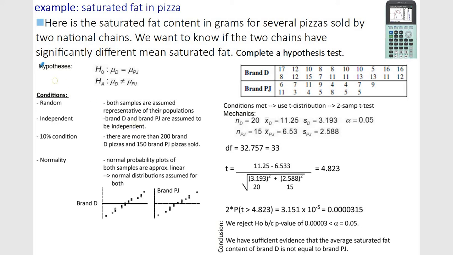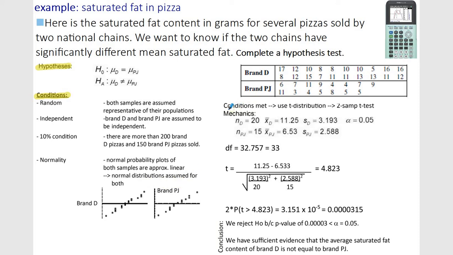our hypothesis right here. Then we're going to have our conditions. Make sure you label them. Again, remember box plots or probability plots can help you, not box plots, histograms. Histograms or normal probability plots can help tell you if they appear normal.